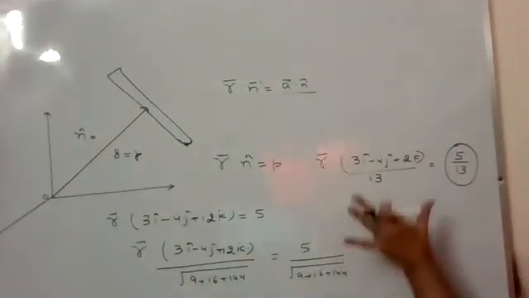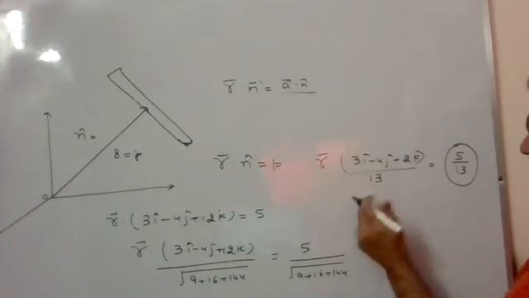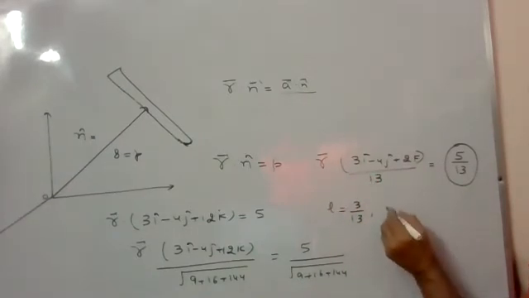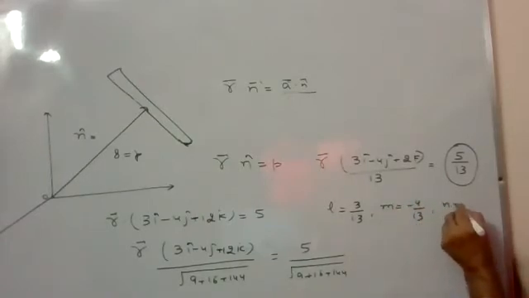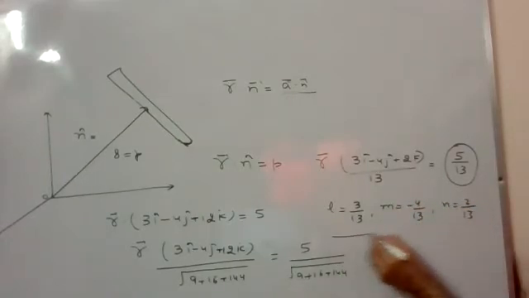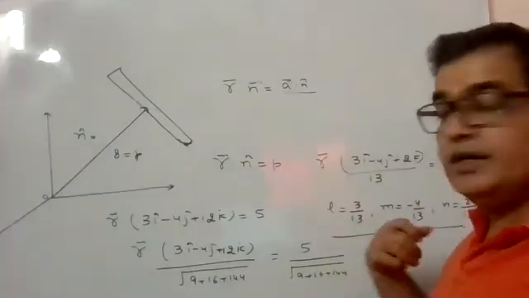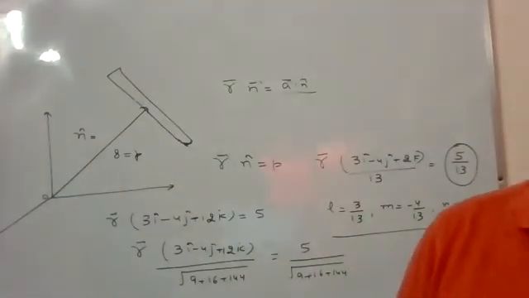Tell me. L will be 3 by 13. M is minus 4 by 13 and N is 2 by 13. We can ask the direction cosines also, which you can calculate easily.